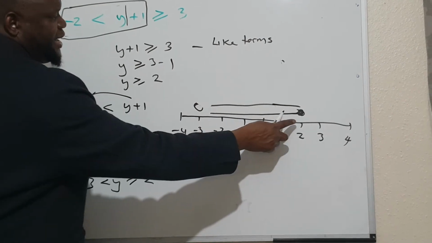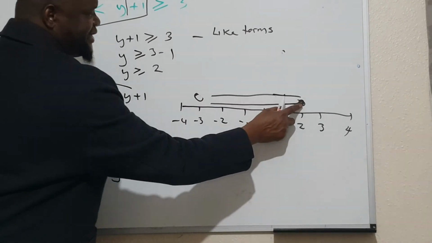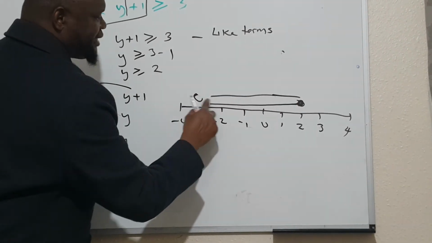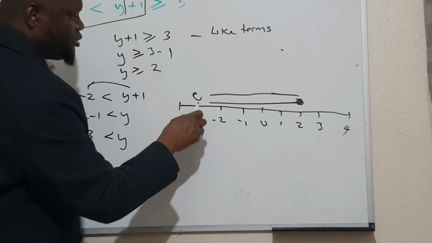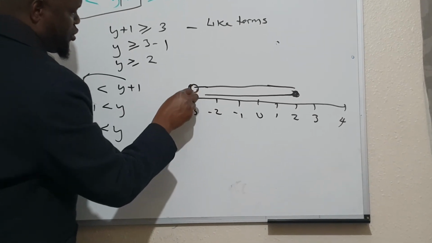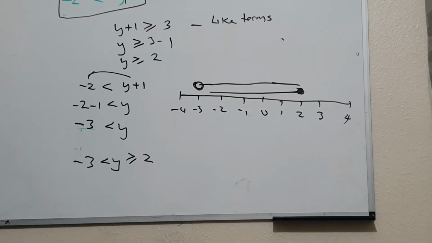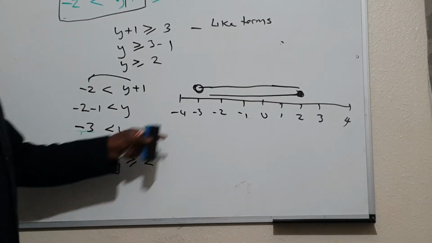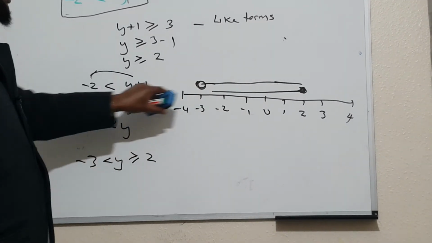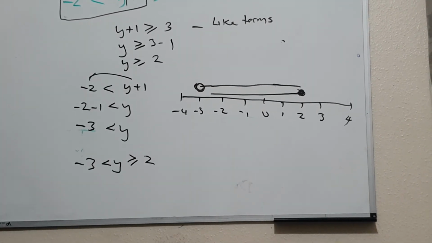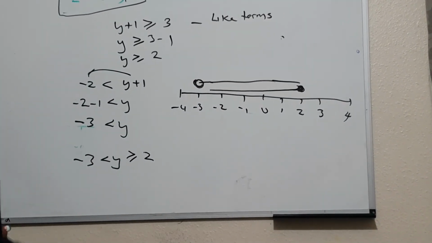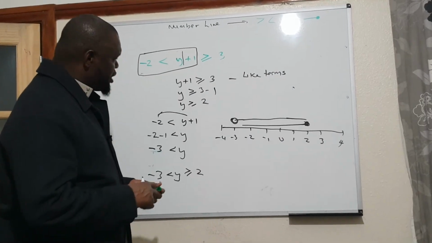If you join them together, it means this thing ends here, but this is all numbers greater than minus 3. So you've got to be careful. And that one, all numbers less than 2, and this ends here, but this includes all numbers less than 2. Okay? So we can stop here. I think we have done enough for you to understand the number line.